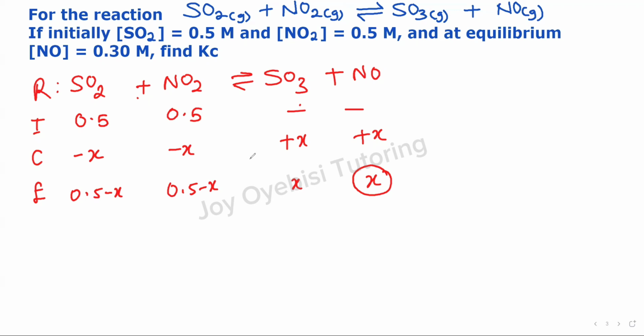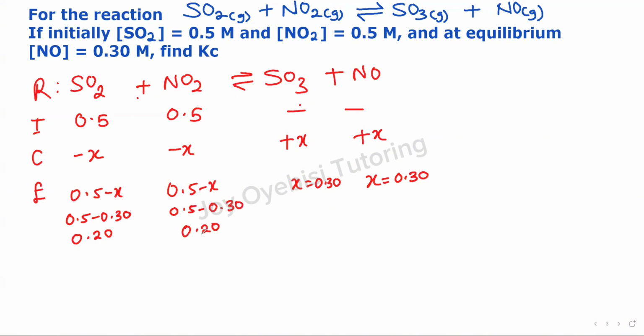So the x is exactly 0.3 for both of these, okay? Now we know x, we plug that here. So 0.5 minus 0.3, this will give me 0.2. This will be 0.5 minus 0.3, same thing, 0.20. So we have our equilibrium concentration of each reactant and product.